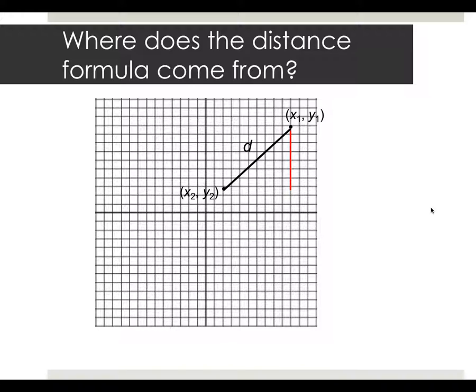Well, did the math gods just beam the answer into your brain? Y1 is the highest distance of that leg, and Y2 is the lowest distance of that leg. Subtract them to find the length of it. Beautiful. It's a vertical segment. It has no change in x. It's not moving left and right at all. It's just moving up and down. So this height is y1, because it says right there. This location is y2, so therefore that distance would be y1 minus y2.